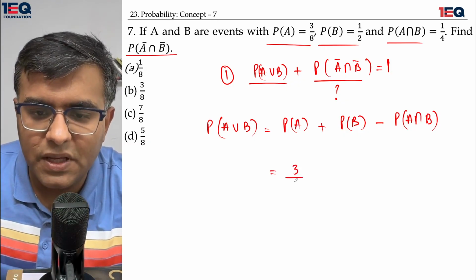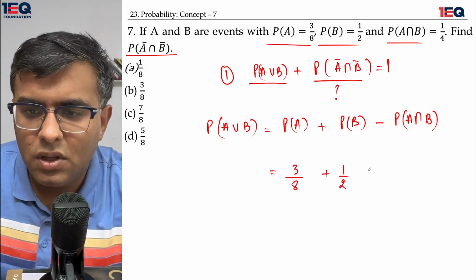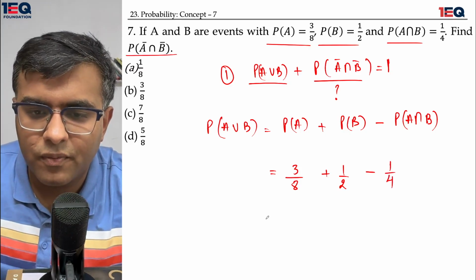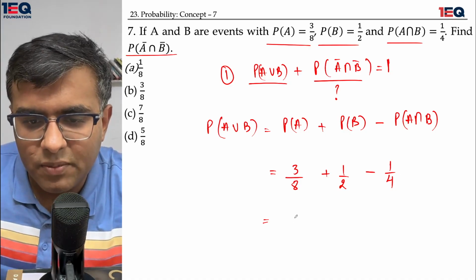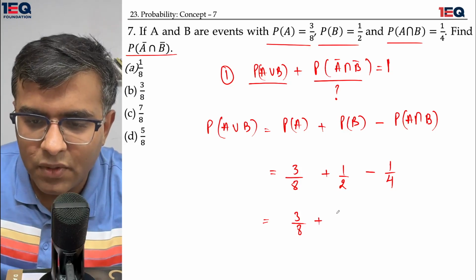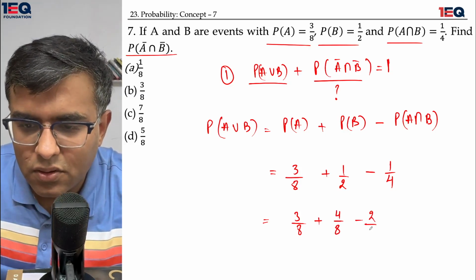The value of P(A) is 3 by 8. The value of P(B) is 1 by 2. And the value of P(A intersection B) is 1 by 4. I'll make the denominators the same, all multiples of 8. This is 4 by 8 and this is 2 by 8.